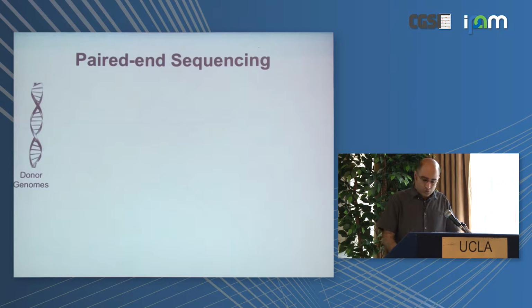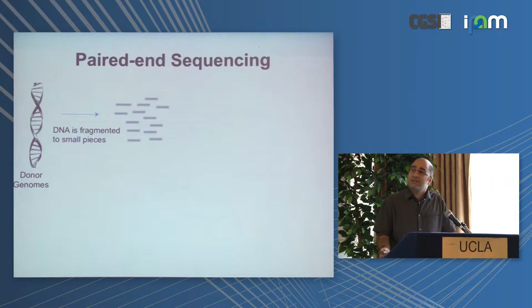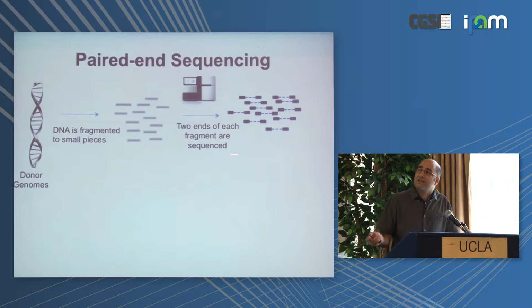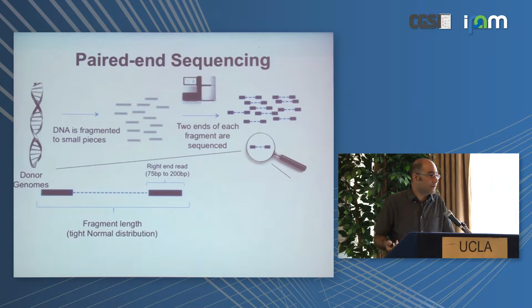First, the donor genome that we are interested in sequencing is fragmented into small pieces. These small fragments are given to a sequencer, which sequences the two ends of each of these fragments, producing what's known as paired end sequencing. The length of each end is somewhere between 75 and 200 base pairs based on technology, and it's now growing.